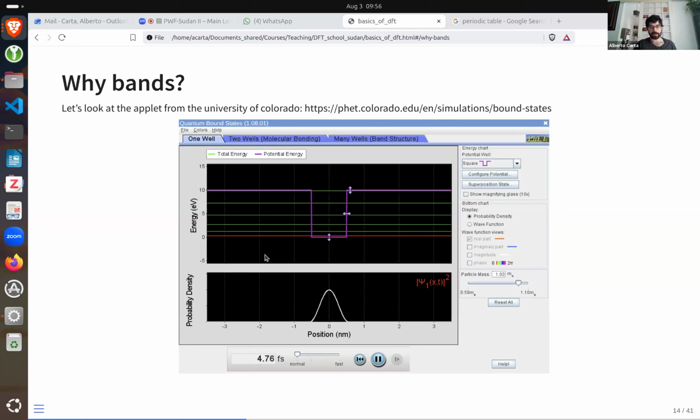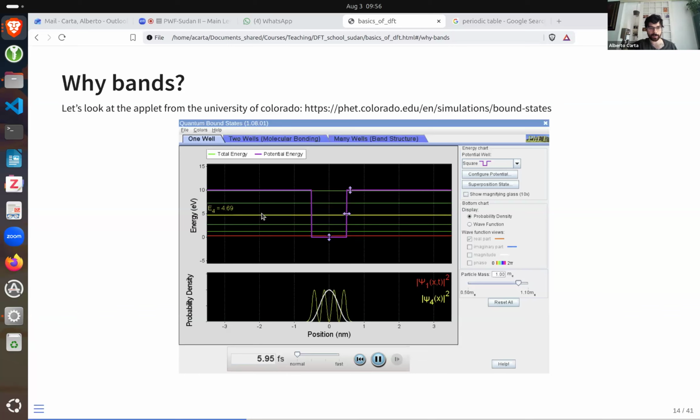In this kind of confined system, for a quantum well, what we have is a bunch of quantized states at certain energy levels.